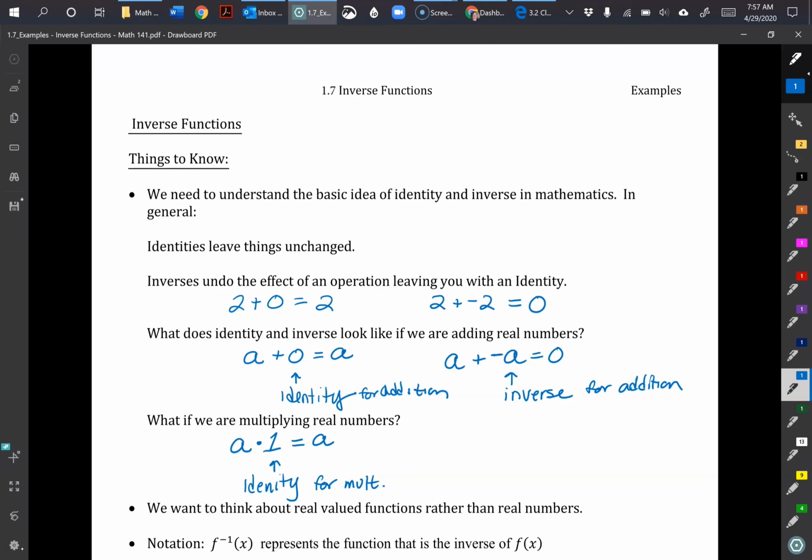So if I multiplied 2 by 1 over 2, I would get 1 back. In general, that would look like this: A times 1 over A would equal 1. Remember, A is like A over 1, right? And then the 1 over A is called my inverse for multiplication.